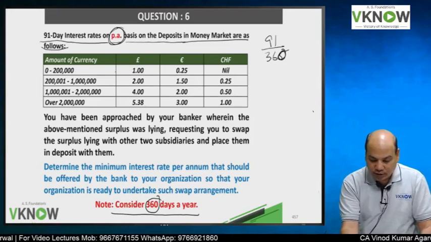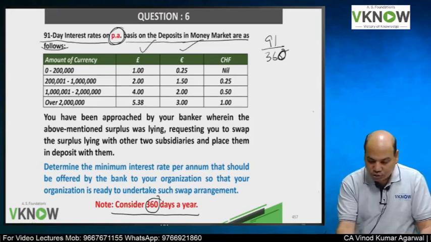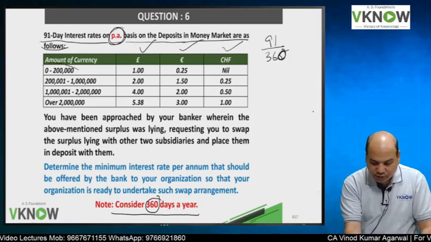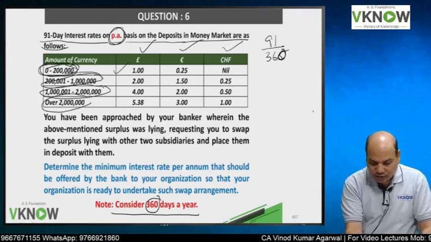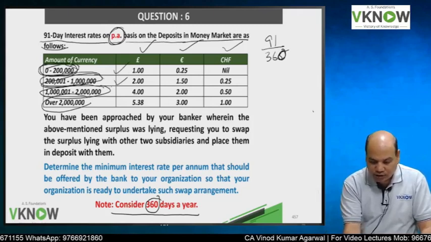These are the interest rates for pound, euro, CHF. And the interest rate will be according to the amount of the currency. If you invest between 0 to 2 lakh, these are the rates. Between 2 lakh 1 to 10 lakh, these are the rates.